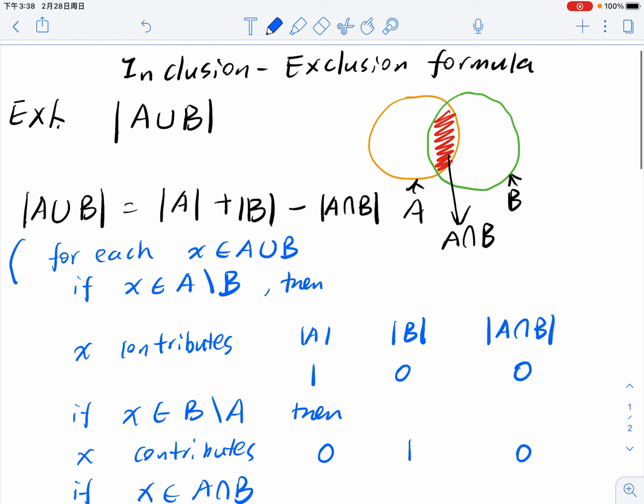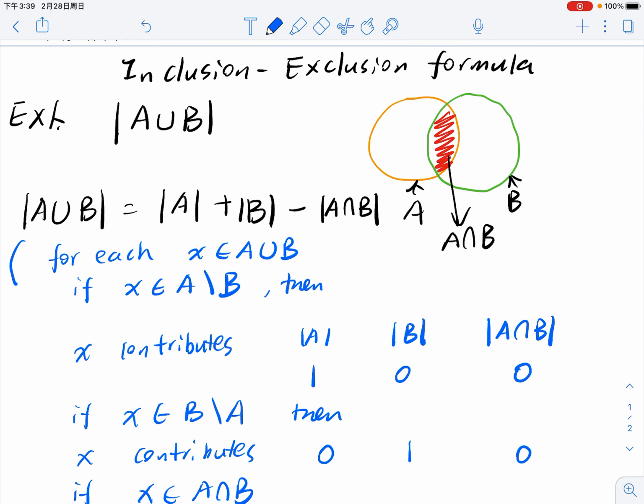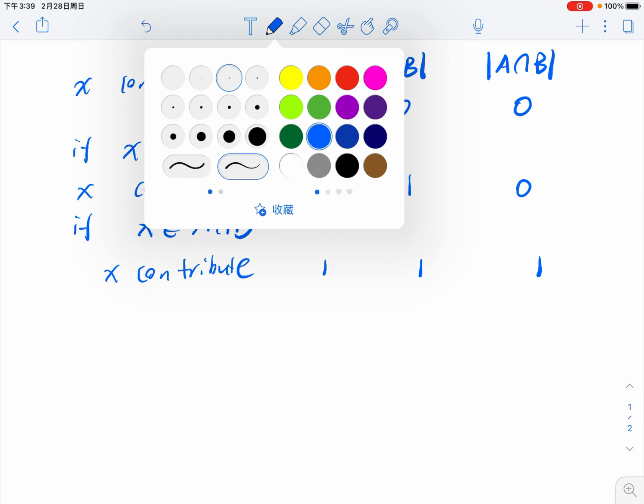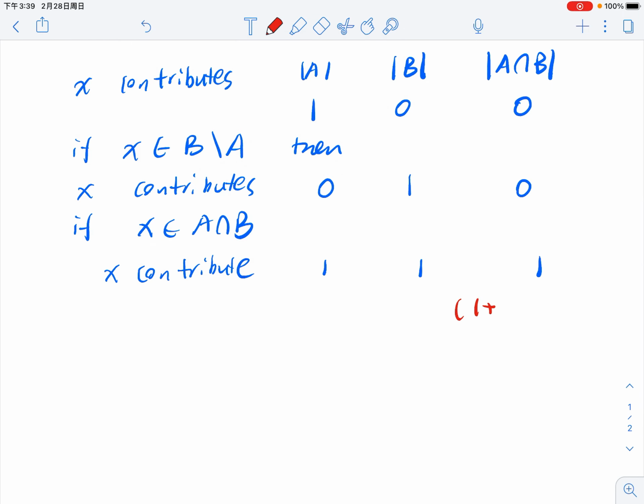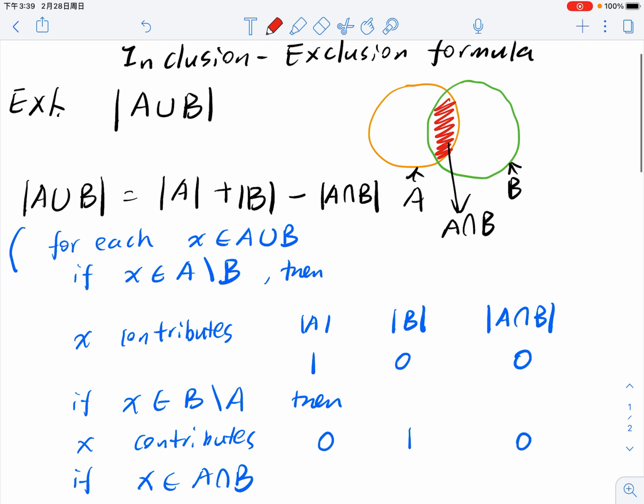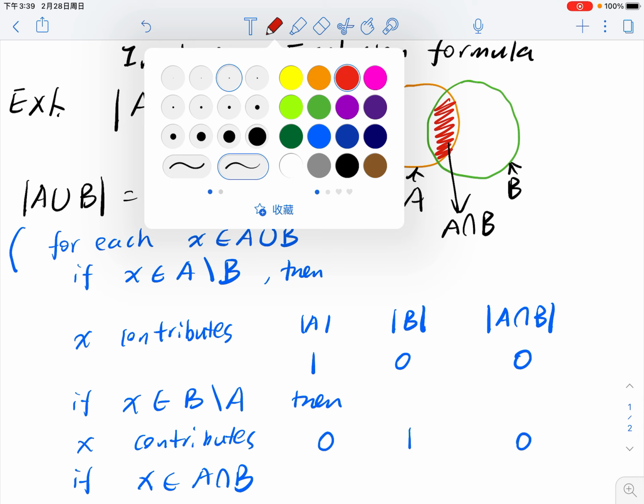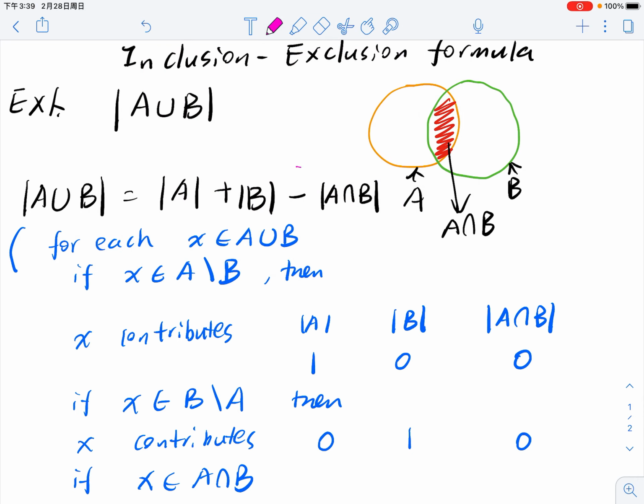Therefore, when you look at this formula, you will see we have 1 plus 1 minus 1 on the right hand side, which is 1 equals the left hand side. So from this formula, you can tell this negative sign is very important, or is crucial.